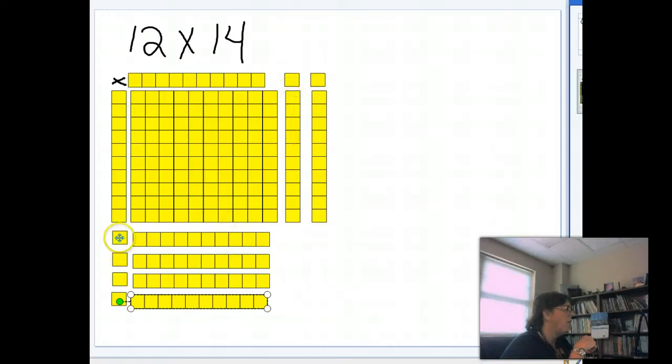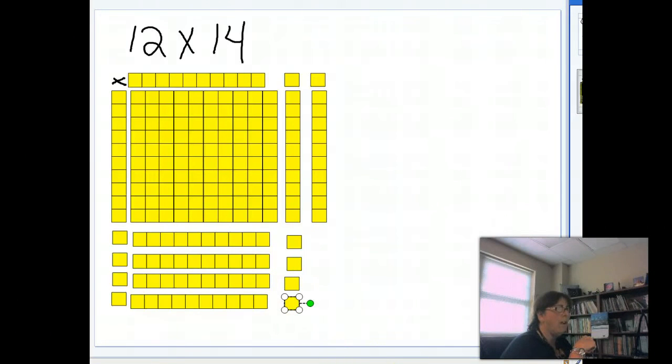But look here, now I need a 1 by 1. So that's just going to be a unit. That takes care of that one. And then I need 1 here, because there's a 1 by 1. And then I need 1 here, another 1 by 1, and then I need 1 here. There's a 1 by 1.